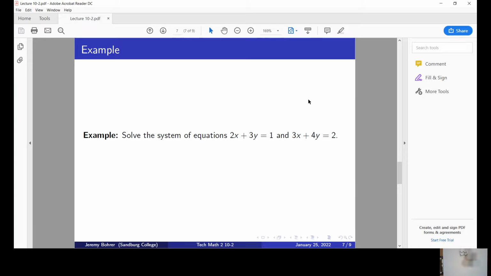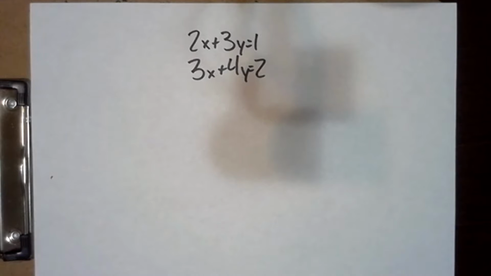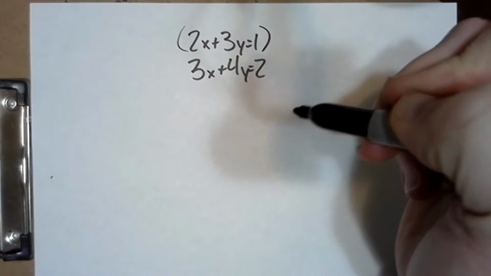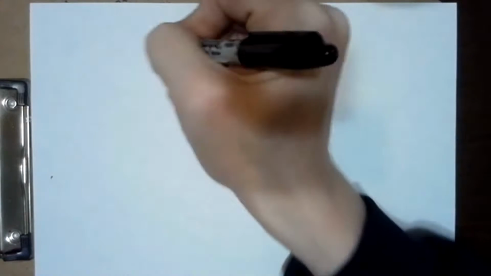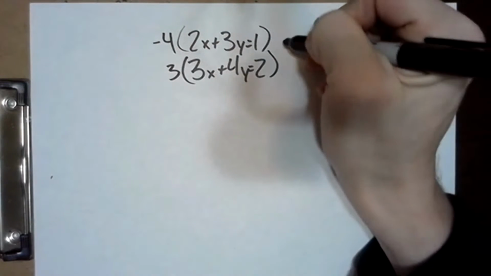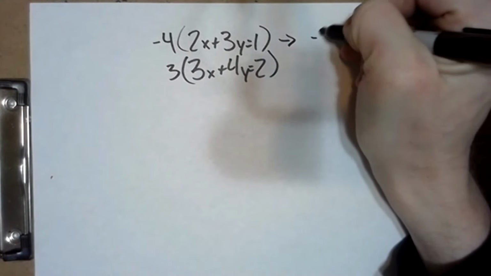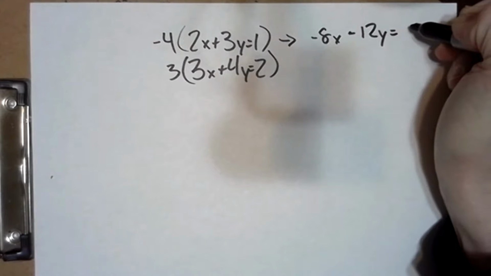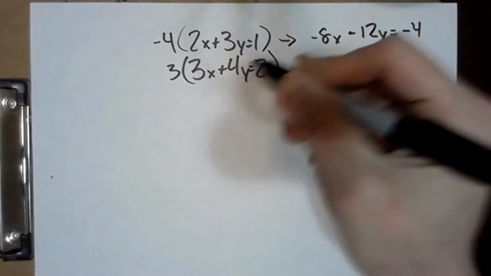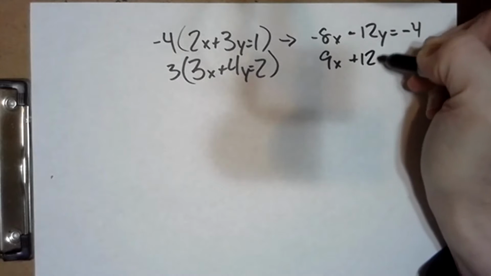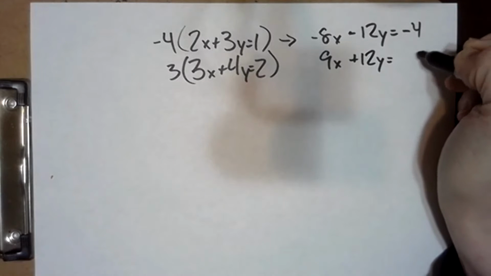So solving the system of equations, the first thing I'm going to do is multiply my first equation by -4, and I'll multiply my second equation by 3, which gives me two new equations, -8x minus 12y equals -4, and 9x plus 12y equals 6.